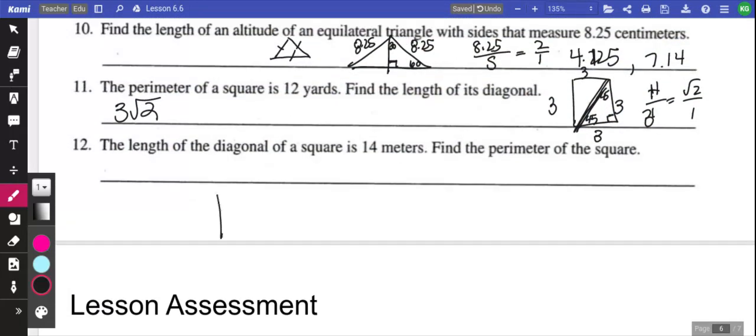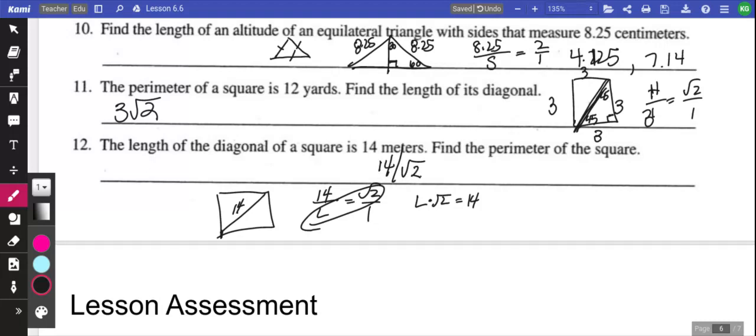The length of the diagonal of a square is 14. So we know that hypotenuse over the leg is square root of 2 over 1. So that would give me L times square root of 2 equals 14. So 14 divided by square root of 2 would give me the length of one side, which is 9.9.